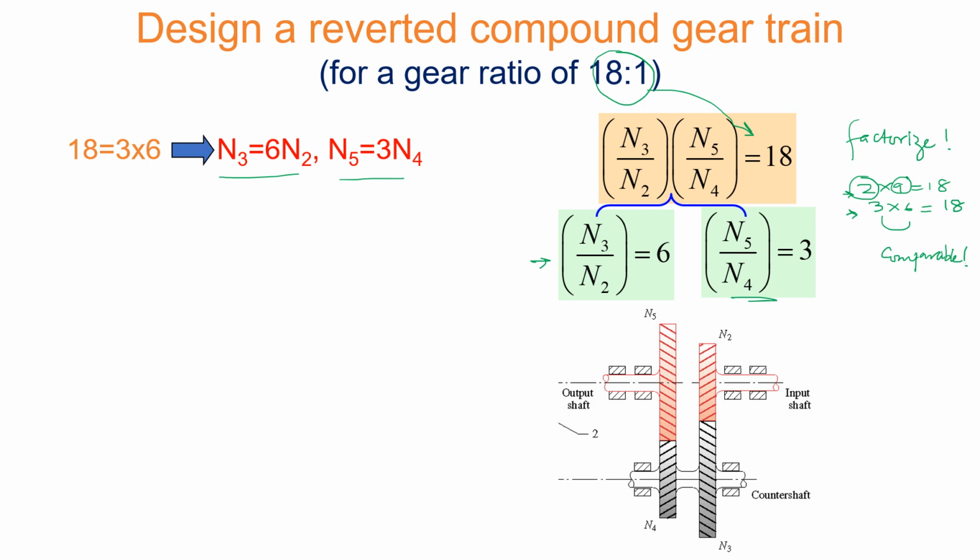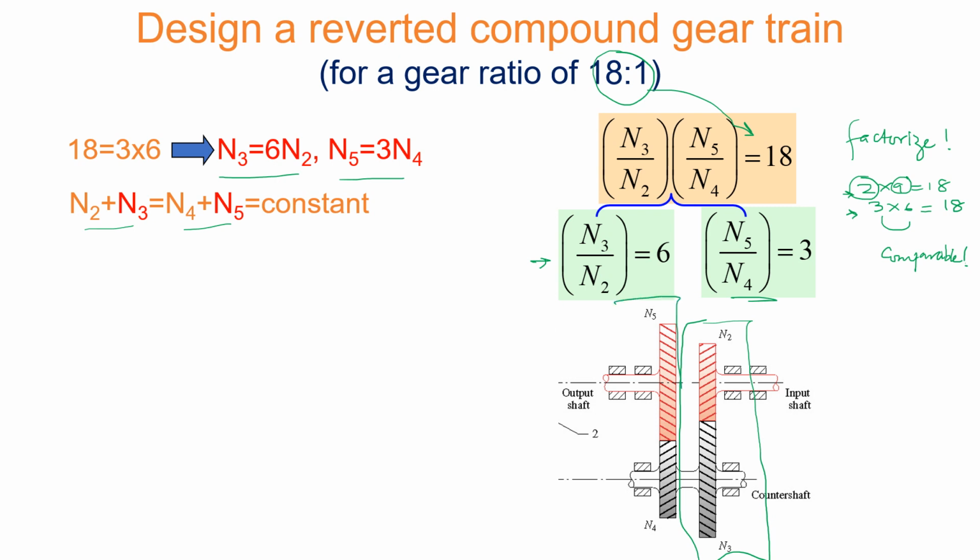With this realization, you would say that the constraint equation was N2 plus N3 equal to N4 plus N5. In other words, whatever is happening on this stage is going to be correlated with the other stage in terms of number of teeth. So that's the constraint equation right over here.